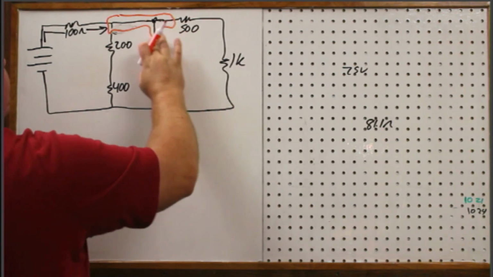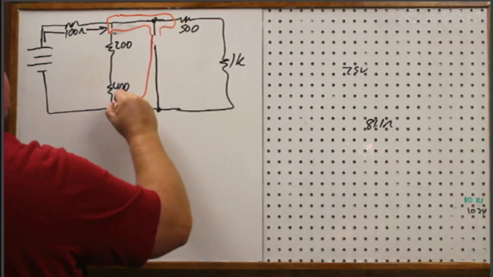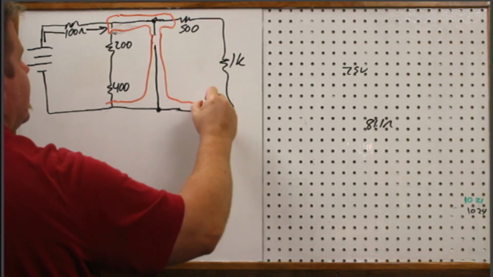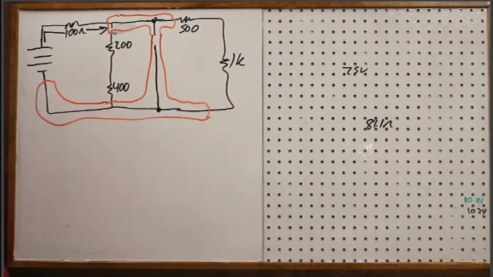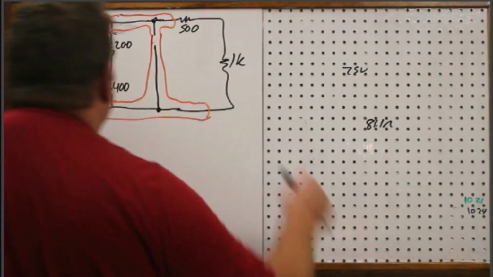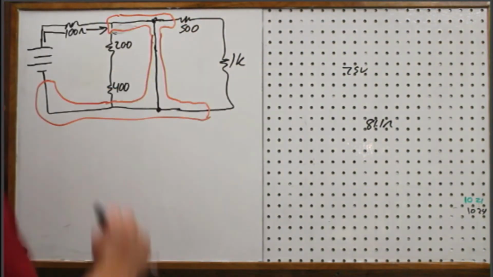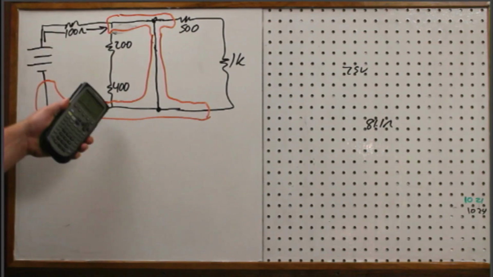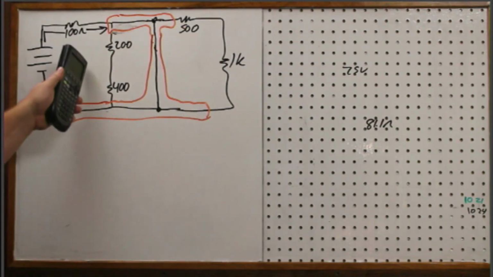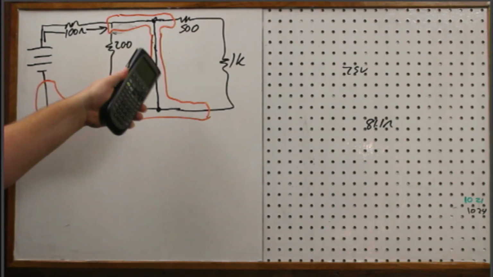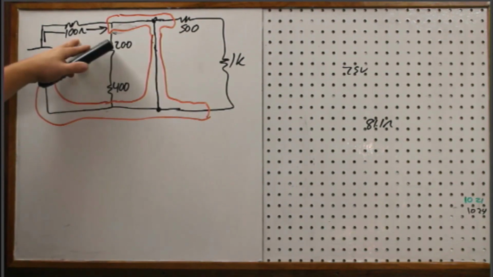But see, you can't stop it there. It's this. Do you see how that extends all the way down to here and to the negative side of this terminal? That is a short, which means it's going to bypass this branch in parallel and this branch in parallel, and the only resistor in this circuit, the way I have it drawn, is the 100 ohm.